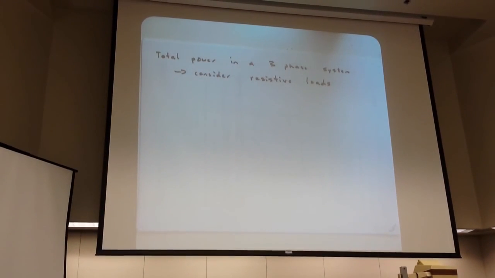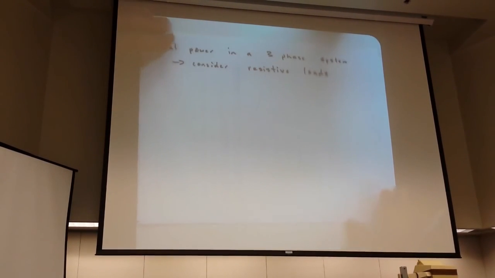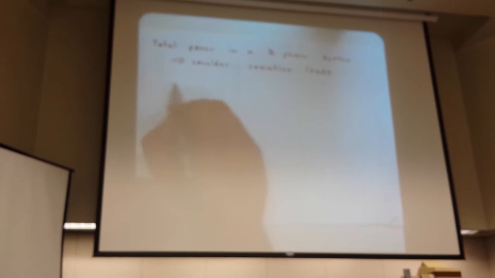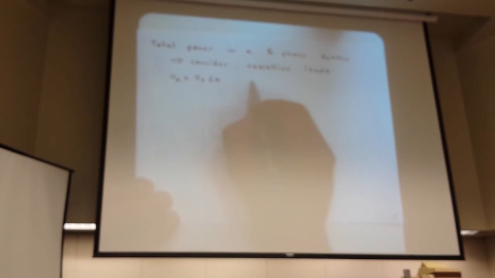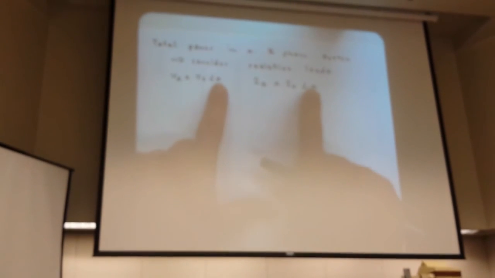And so we can look at the Y configuration. Let's say VA equals V naught angle 0, and IA equals I naught angle 0. And then everything after that is just some sort of shift. It's a resistive load, so these are in phase, right?